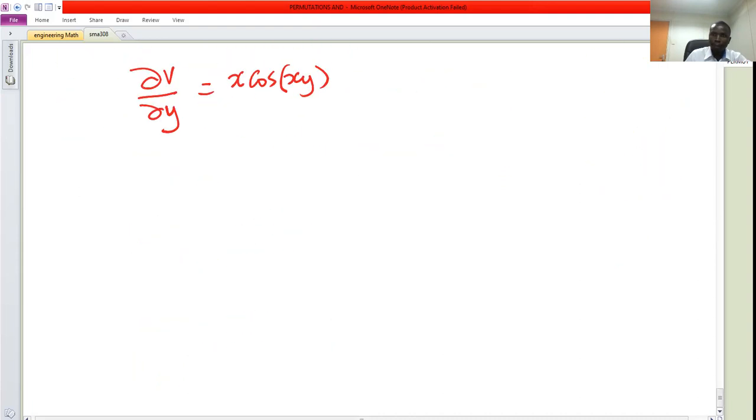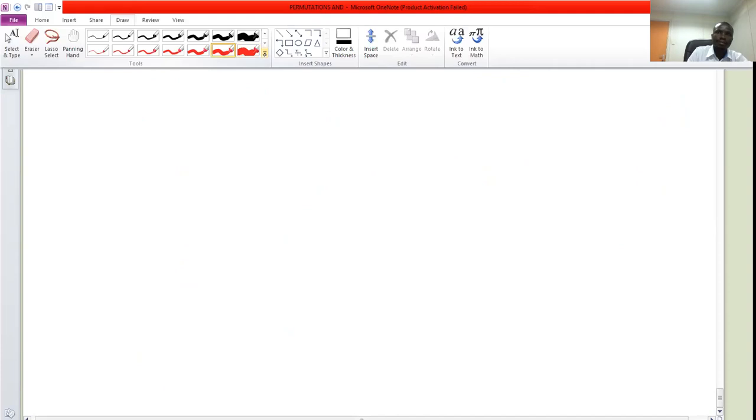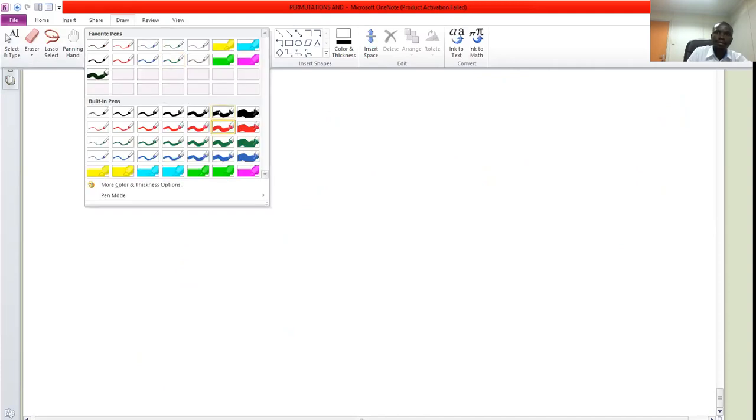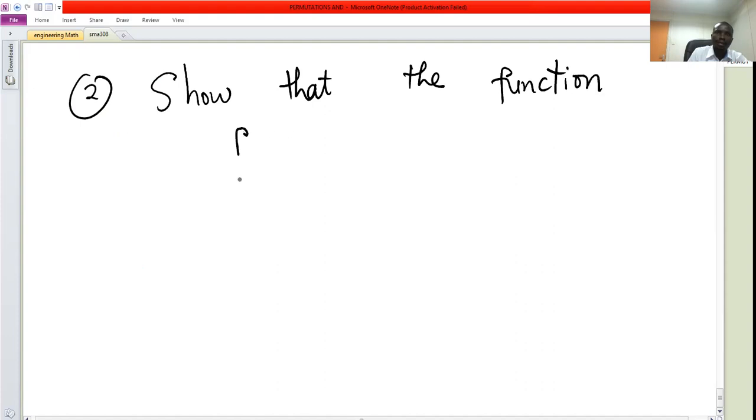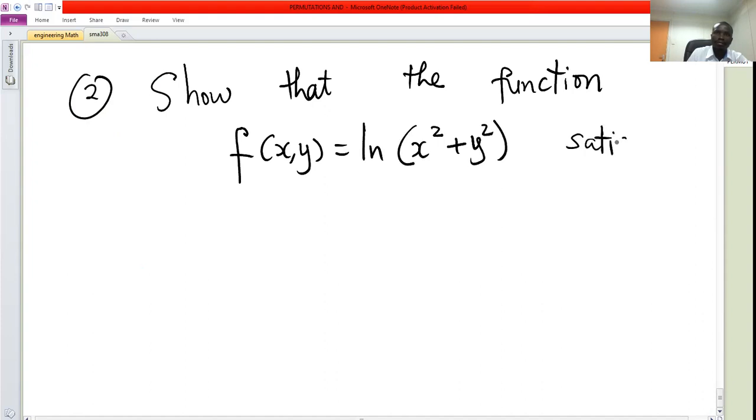And then number two, show that the function f of x, y given by ln of x squared plus y squared satisfies this Laplace equation.